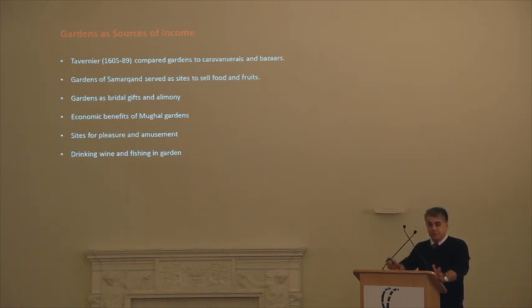So they sold the fruit, and they used that money to maintain the whole garden. At the same time, many of these gardens also functioned as sites for pleasure and amusement.